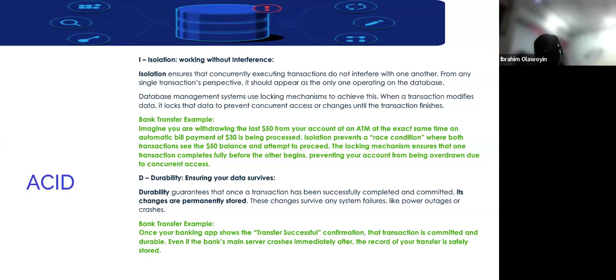So now the last one, which sums it up, is durability, right? Durability is not far-fetched, it's very basic to understand. It guarantees that once a transaction has been successfully completed and committed, its changes are permanently stored. When you purchase something and it succeeds, it's confirmed.